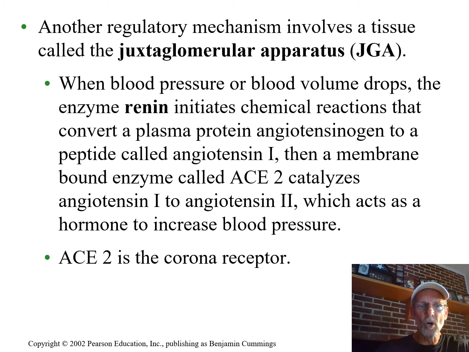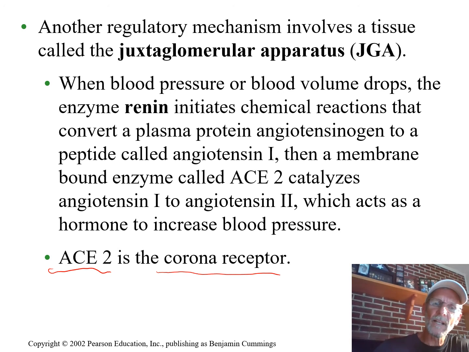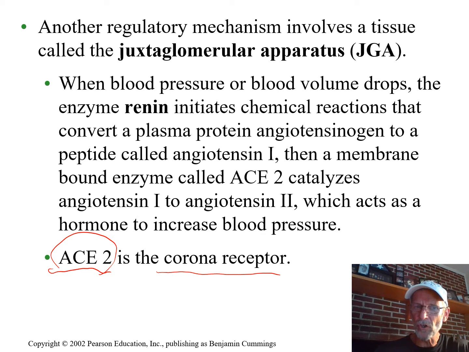Okay, so I'm going to throw this in. This is not in either syllabus, but just because, and we probably talked about this already in class, a protein called ACE2 is actually an enzyme involved in blood pressure. And blood pressure is also how much water is in your blood, right?